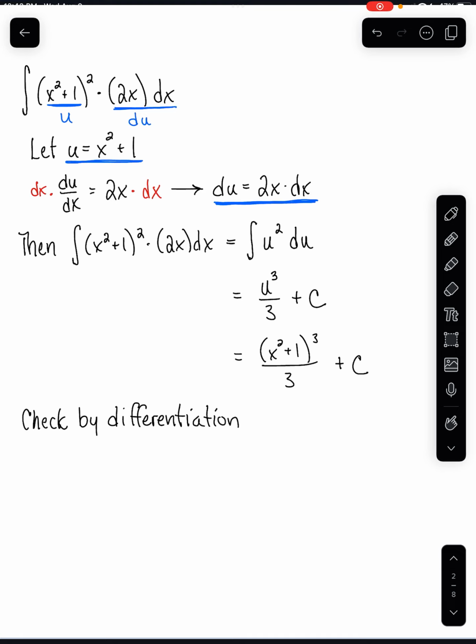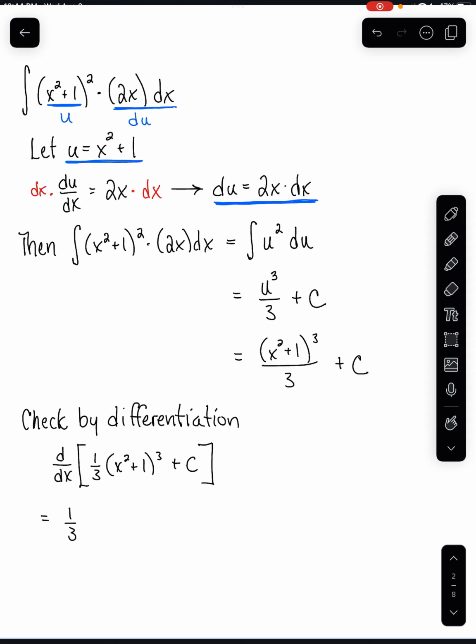So if we differentiate this, I'm going to write the denominator of 3 as a fraction of 1/3 in front to make our lives a little bit easier. Well, the 1/3 is a coefficient, so it just comes along for the ride.